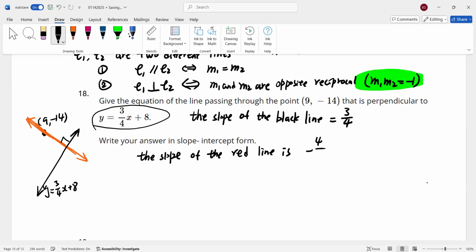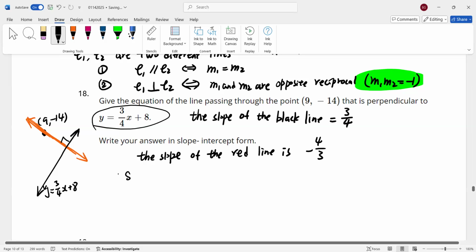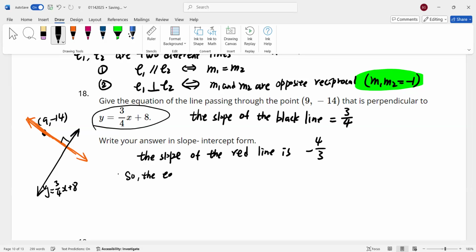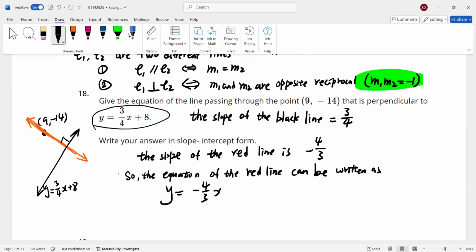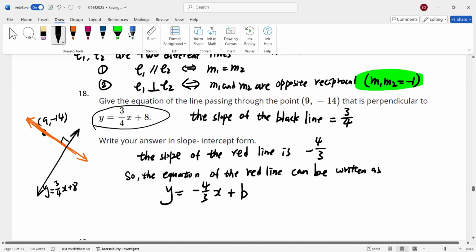Exactly. Very good. Perfect. So the equation of the red line can be written as y = -4/3x + b. I use the slope-intercept form.